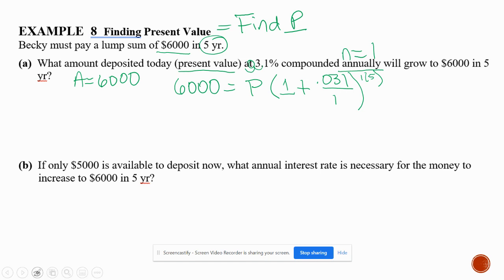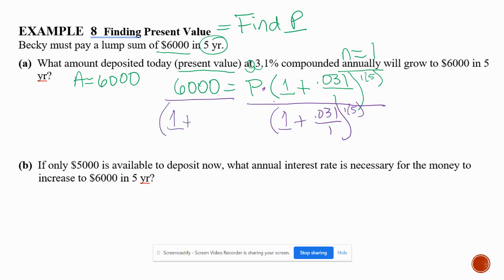Well, in order to solve for P, I have to do opposite operations. Right now, this is P times all of this stuff. And so the opposite of multiplying P by all of that stuff, we divide P by all of that stuff, and then we divide it over on the other side as well.